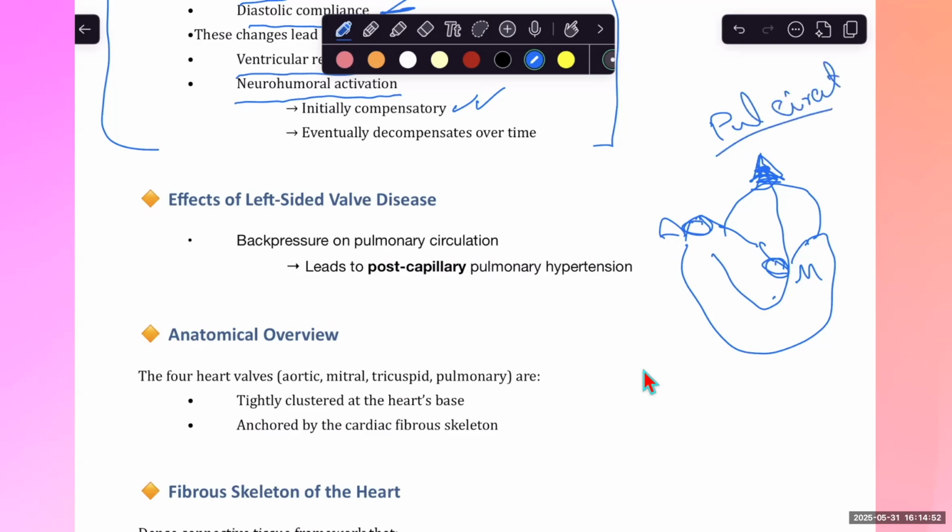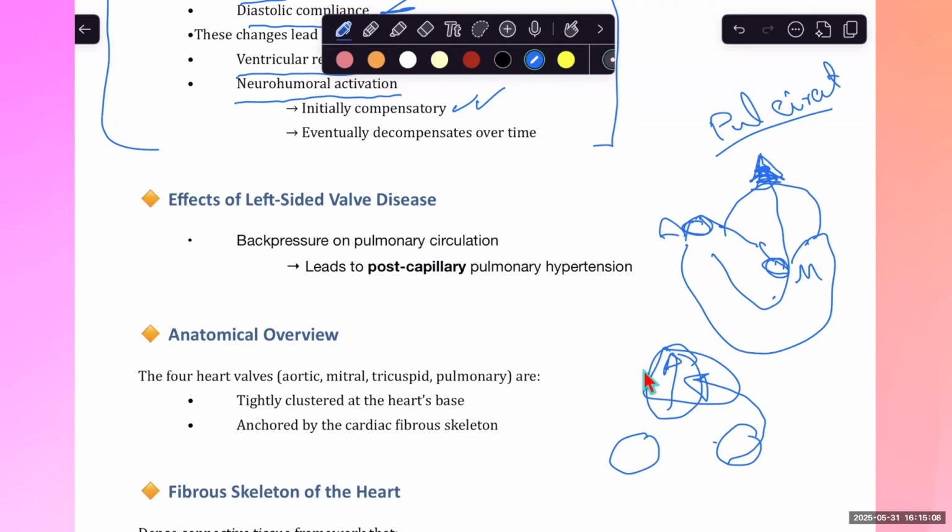And as I told you before, we have one lung and two hearts physiologically. So the left side of the heart will sometimes cause an increase in the pulmonary pressure. And this is a key point.